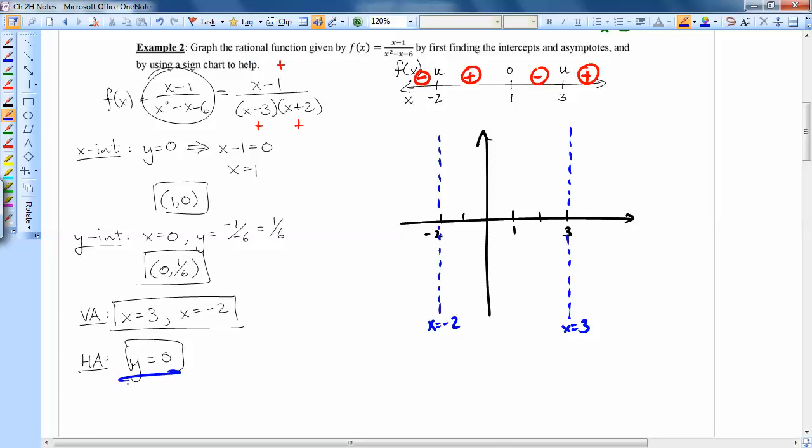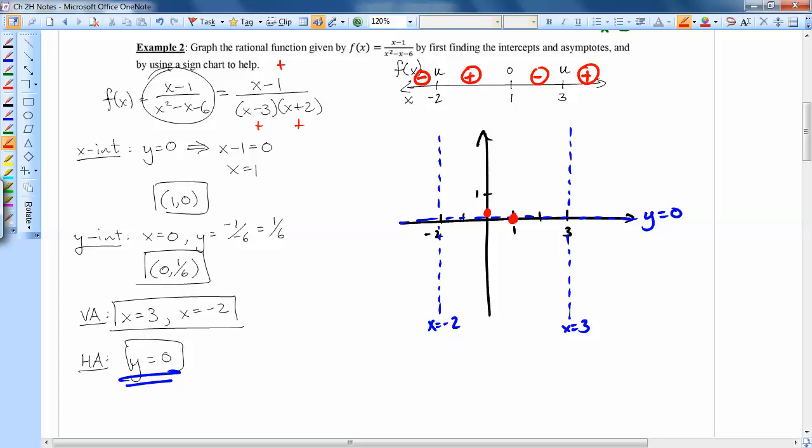I know I have a horizontal asymptote at y equals 0. And then the rest of this, it's got to go through (1, 0). It has to go through (0, 1/6). So let's call that 1, so (0, 1/6) would be about here.